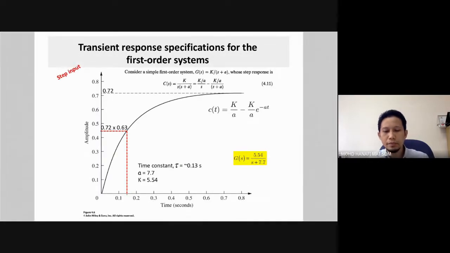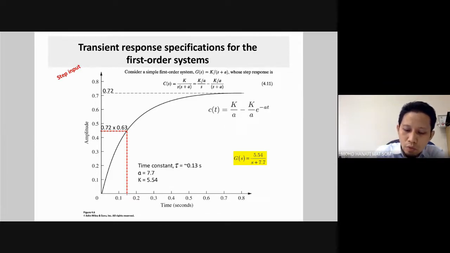Okay, let's see some example here. Let's say we have our first order system, G(s) equals K over s plus a, where our step response is C(s) equals K over s plus a.